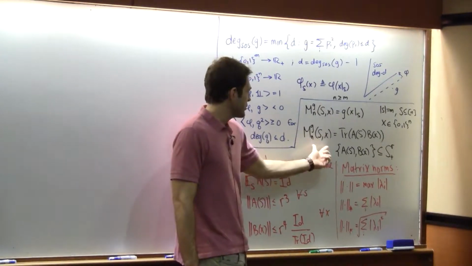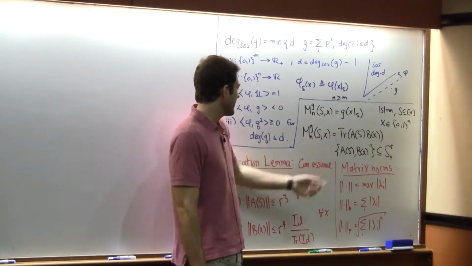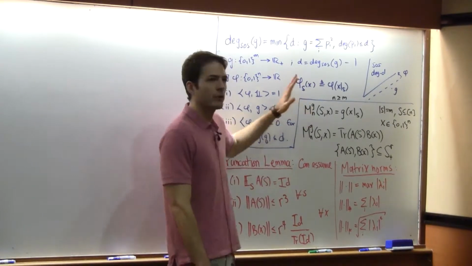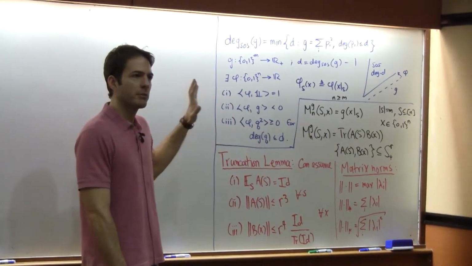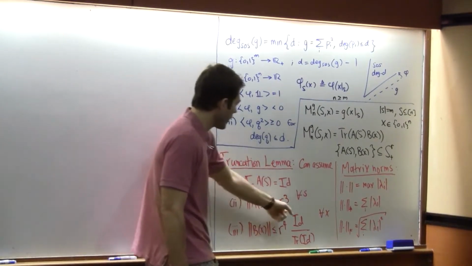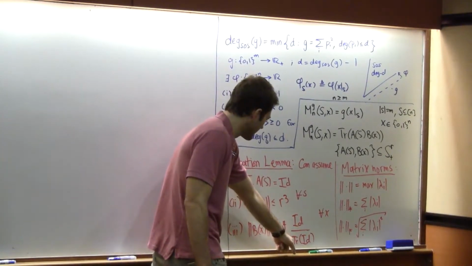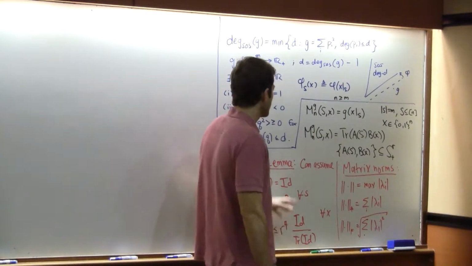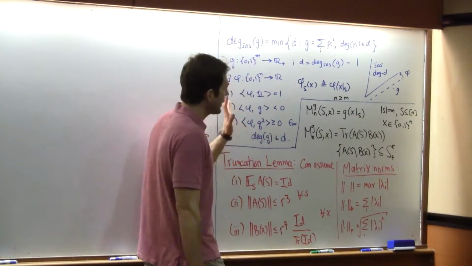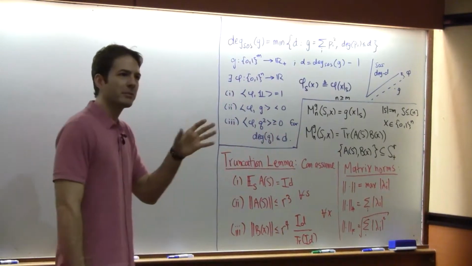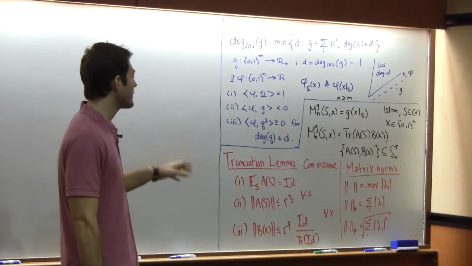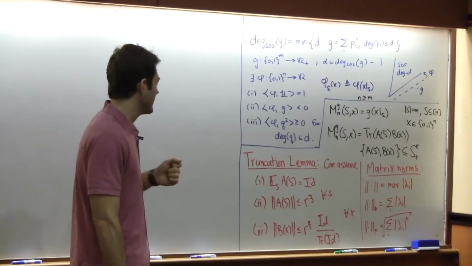We got an approximation to this matrix in L infinity norm, and I've just set the approximation parameter equal to 1 over r, which is a very small number from the point of view of the proof. Like this was r squared over delta, and this was r cubed over delta before. So I'm just going to ignore that approximation error because it's not the main source. That approximation error is not the main problem. There will be another error which is the main issue that comes up.